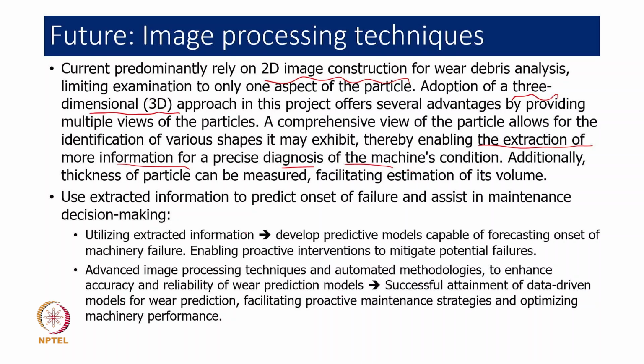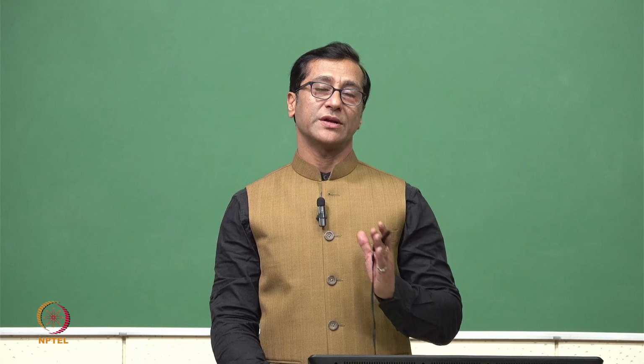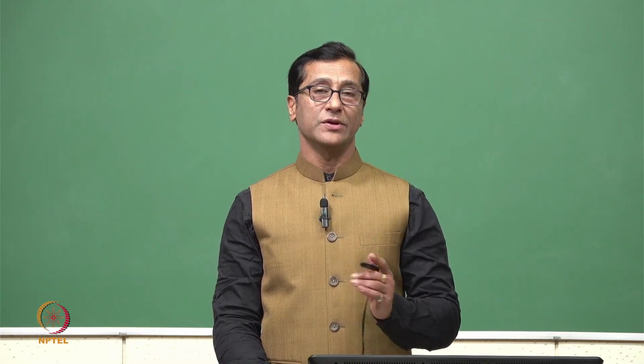Once we are able to do that, we can really extract the important features. We can develop better predictive models, and we can focus on the onset of machine failures. This will help us develop a better maintenance strategy, what we call proactive intervention to mitigate any kind of failure. We want to diagnose at the fault level itself.